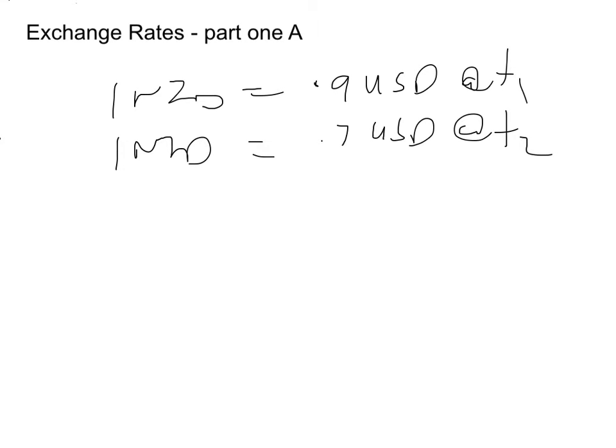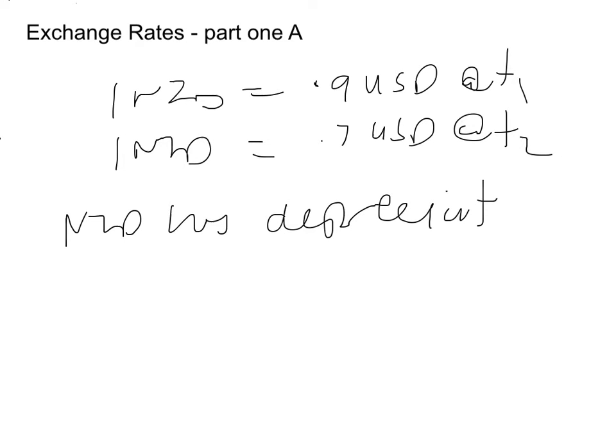The New Zealand dollar buys less US dollars, doesn't it? So we can say the New Zealand dollar has depreciated. Why? Because it bought 90 cents earlier and now it only buys 70 cents.